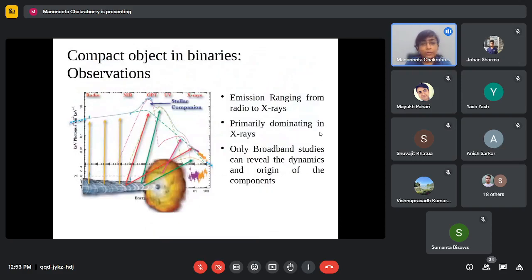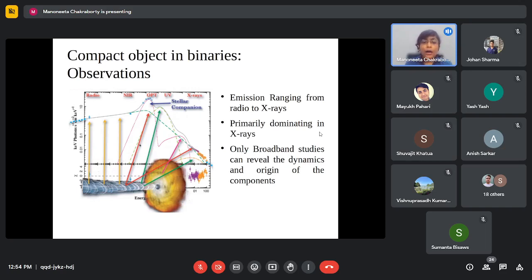Surprisingly enough, though they are primarily bright in X-rays, they are not just emitting in X-rays. So this is roughly, let's say, the accretion disk, and sometimes we do see jets from these compact objects as well. And what you see is that though they are mostly primarily bright in X-rays, they do also emit in optical, in radio, in IR, and so on.